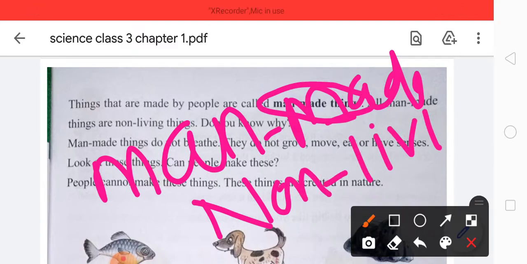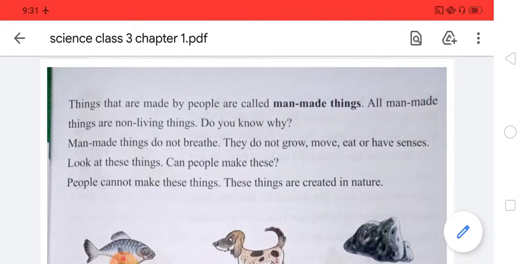I think your doubt is now clear. Man-made things are non-living things, and the things that are made by humans are called man-made things.